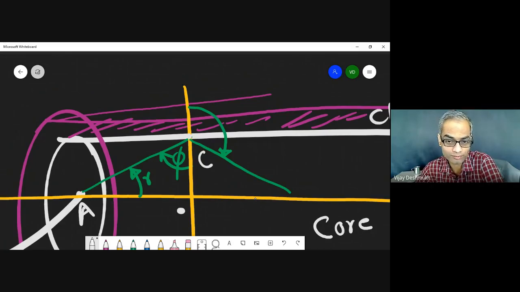So this is the phi. The angle is phi. And the angle of refraction will be from the normal, this one. So let us consider this as some other name, psi. So this angle psi is more than 90 degree. So this is total internal reflection. Are you getting this point?